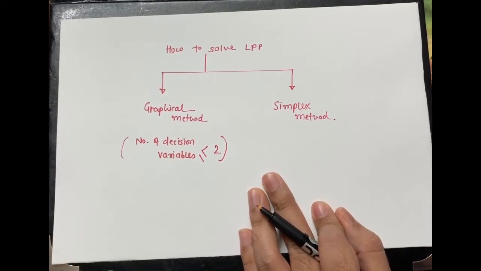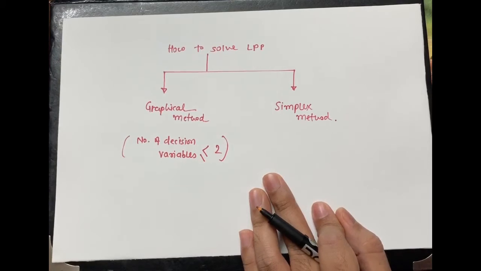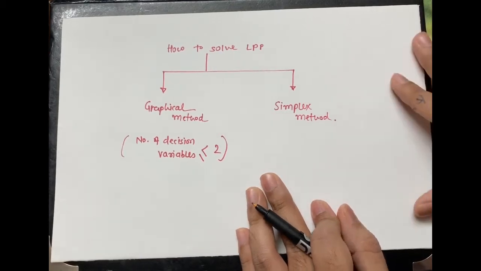So when we have 2 or fewer decision variables, only then can the graphical method be used.